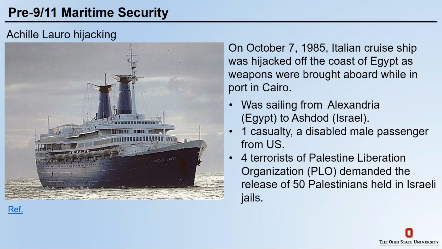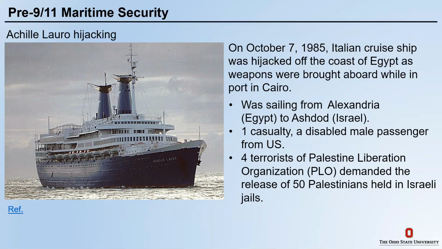And it was hijacked by 4 PLO members, the Palestine Liberation Organization, which is considered a terrorist organization by most countries around the world. What makes this terrorist attack even more complex is that the only casualty was a disabled male passenger from the US.